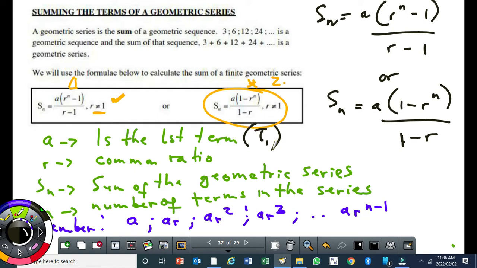Sn stands for the sum of the terms in that series, or the sum of the terms in that geometric sequence. Then n is the number of terms in the series or the number of terms in the sequence. It's the same thing. The number of terms in the sequence and in the series are exactly the same.